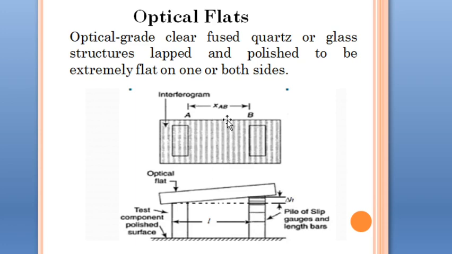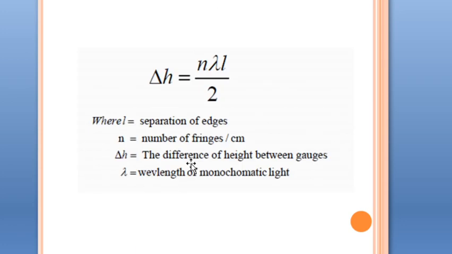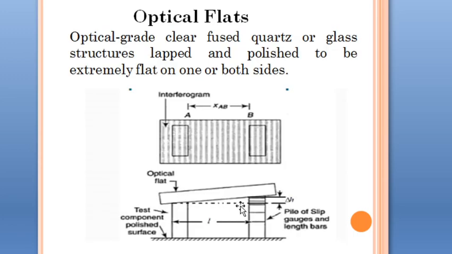These are the fringes. Through the interferometry principle, we can see the fringes formed in alternating bright and dark bands. We calculate the difference between the ups and downs in terms of height, del H.